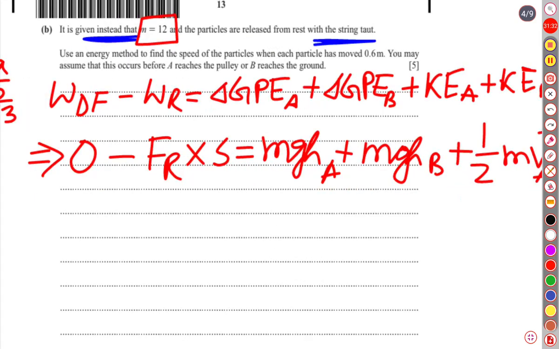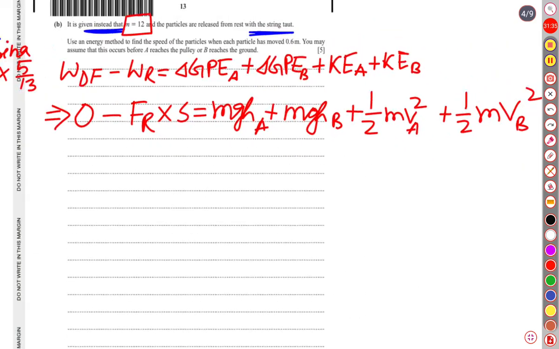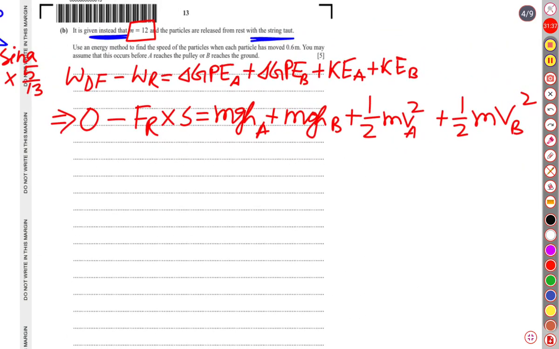Now we will apply the values. What are the values we do have? Look at this. The first one is frictional force. Frictional force is mu R. We have written mu was 0.4, and our frictional force was 60 Newton.